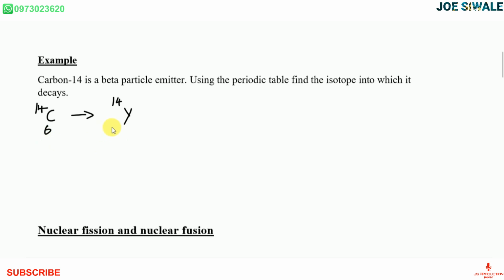So we can say 6 plus 1, which is 7. So we're going to have 7 there, plus we have our symbol of a beta particle. So if we check this element on the periodic table, we're going to find out that this is nitrogen. So we can write down another equation there.